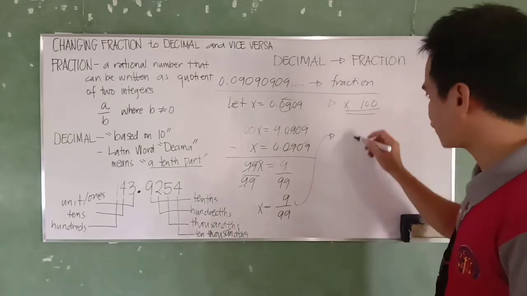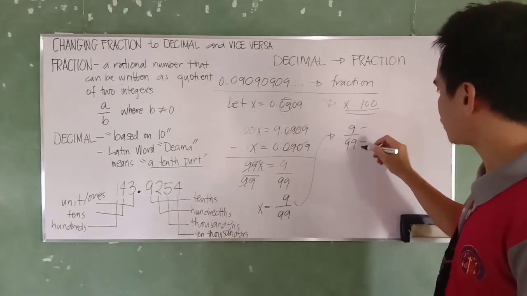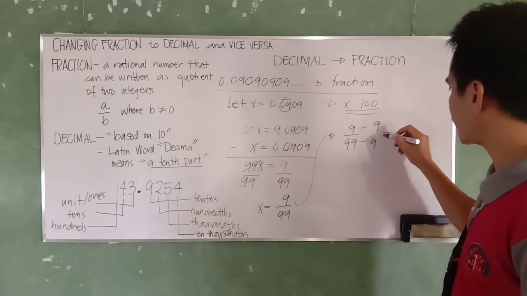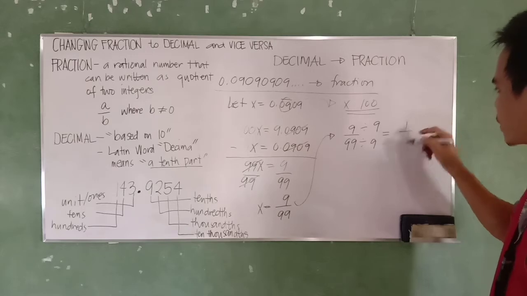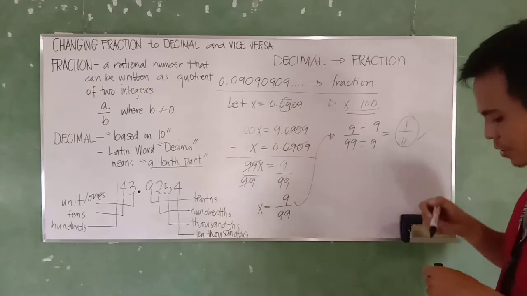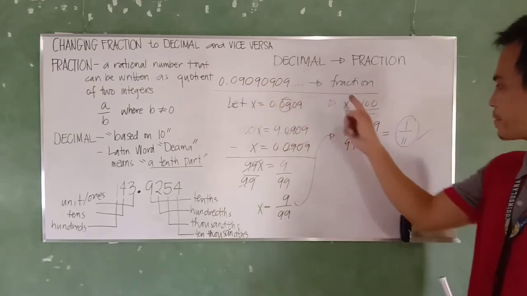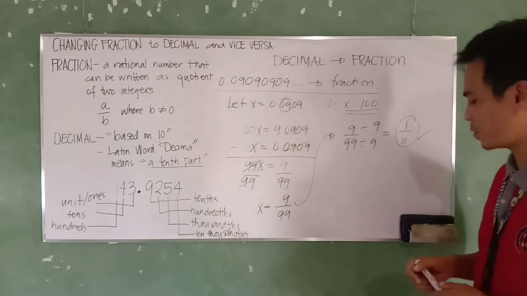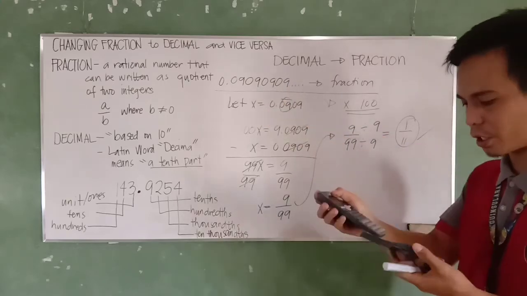So, we have 9/99 divided by 9 and 9. So, our answer is 9 divided by 9 is 1. And 99 divided by 9 is 11. So, therefore, our answer, guys, is 0.0909 in fraction is 1/11.